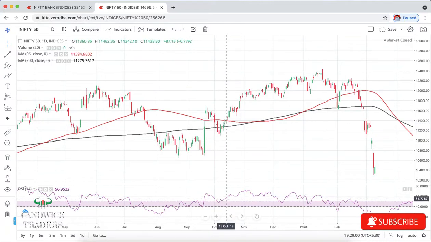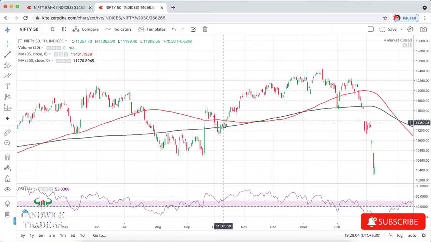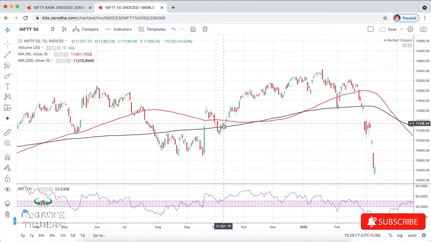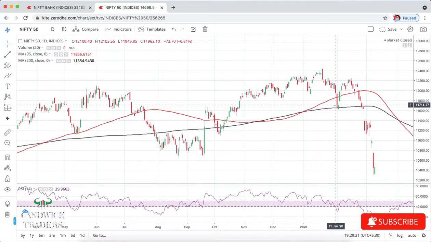My second rule is that it should be above the band. I've taken the entry at 11,350, and once it closes below the 96, I'm exiting here at 11,680. So 11,300 to 11,700, 300 points only.